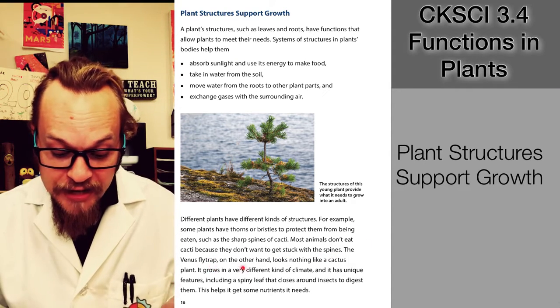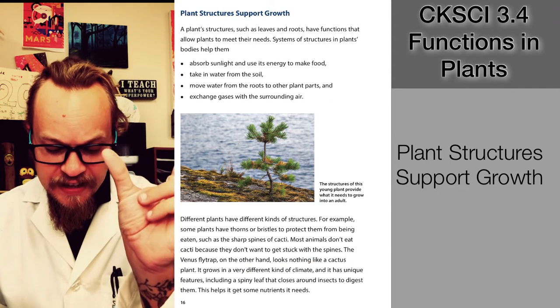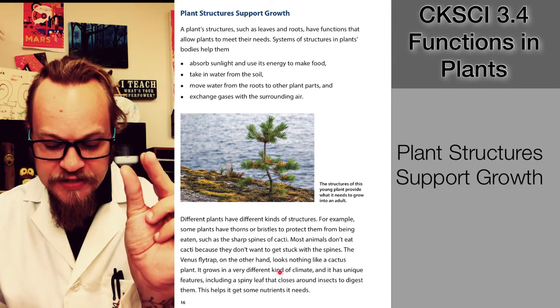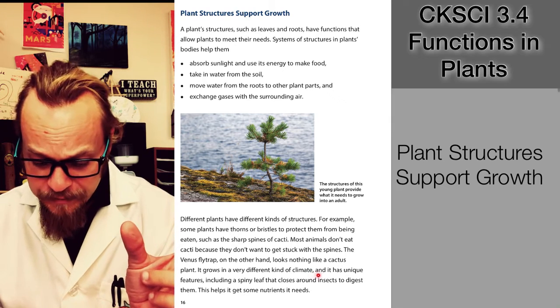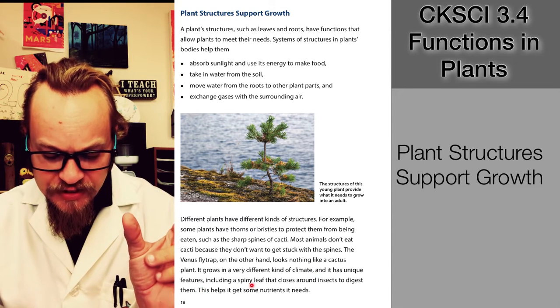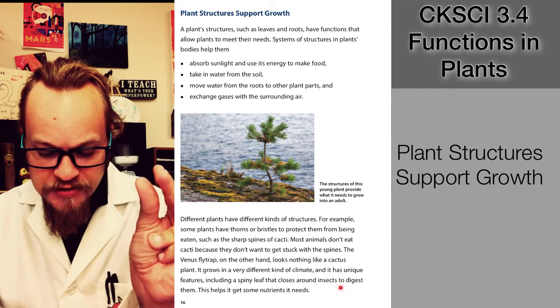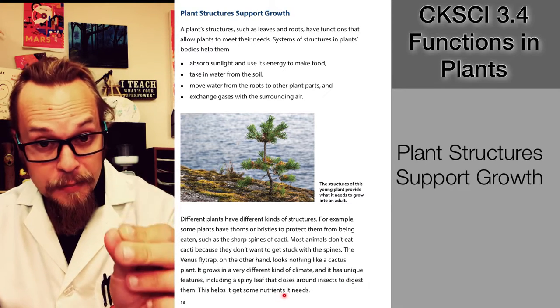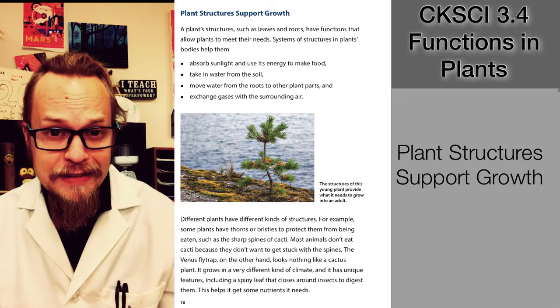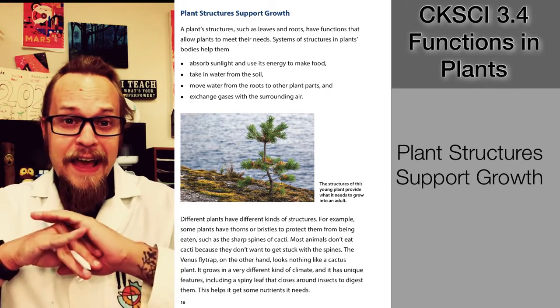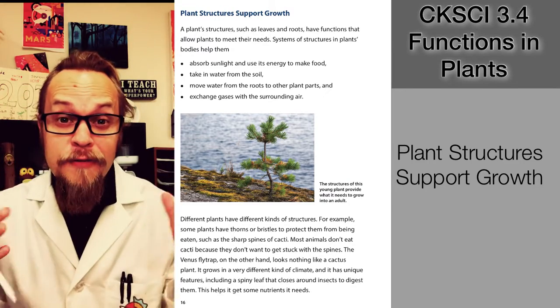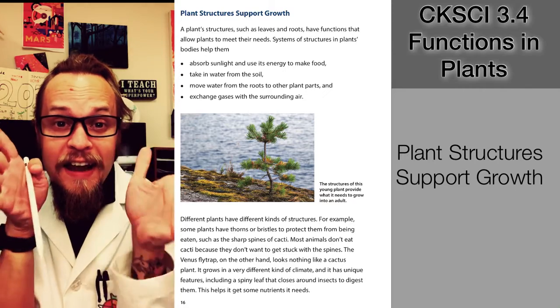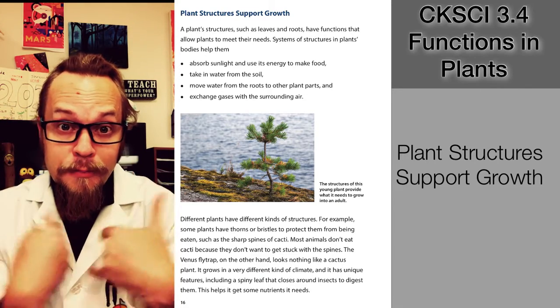The Venus flytrap, on the other hand, looks nothing like a cactus plant. It grows in a very different kind of climate, and it has unique features, including a spiny leaf that closes around insects to digest them. This helps it get some nutrients that it needs. So cacti are like, hey, animals, stay away from me. I'm very spiny, and I will hurt you, so don't hurt me.